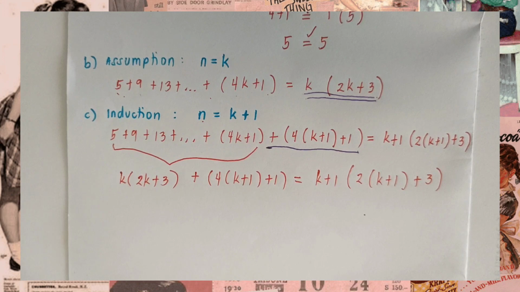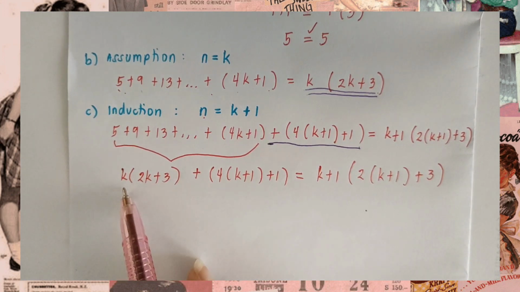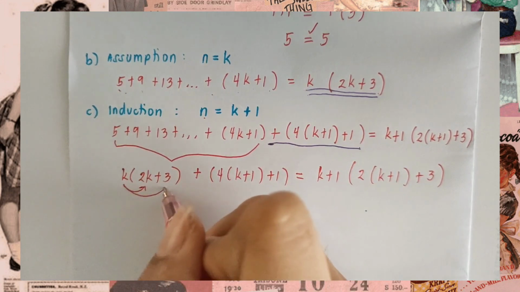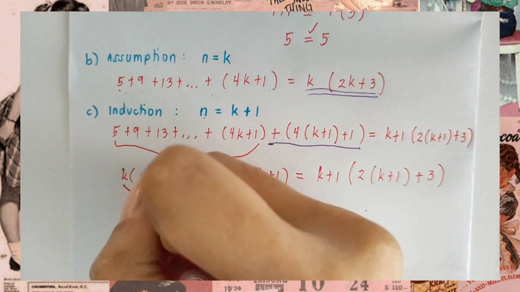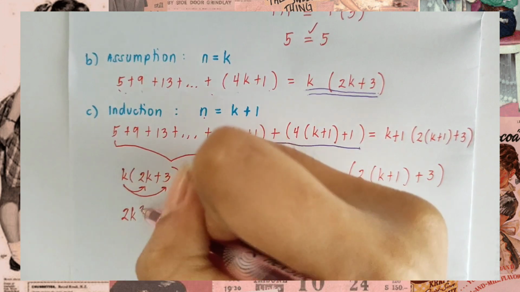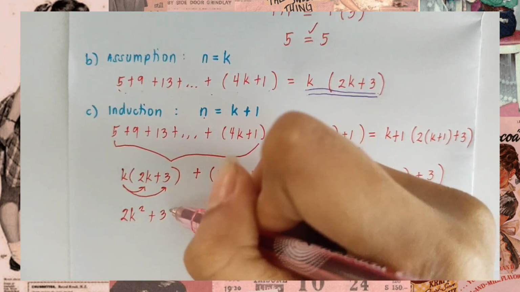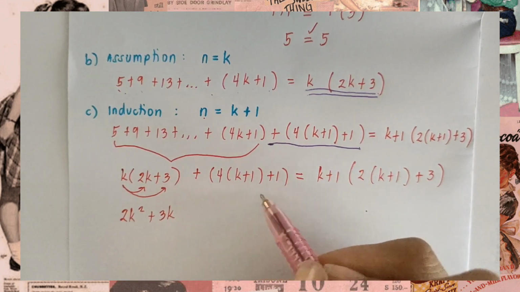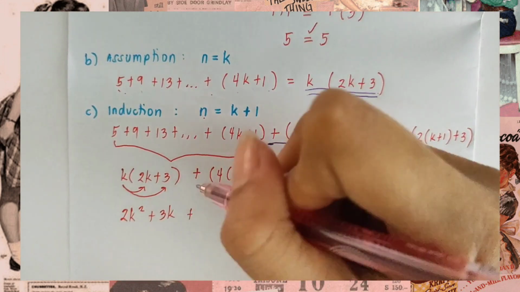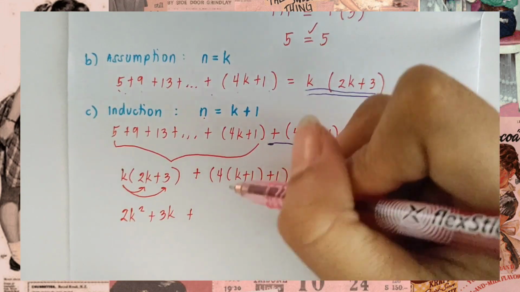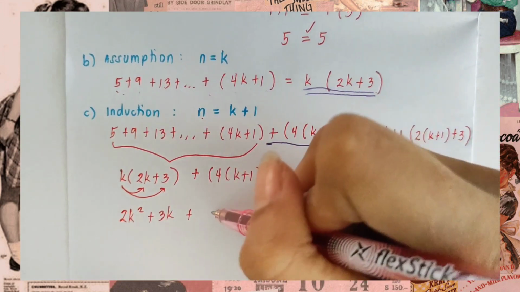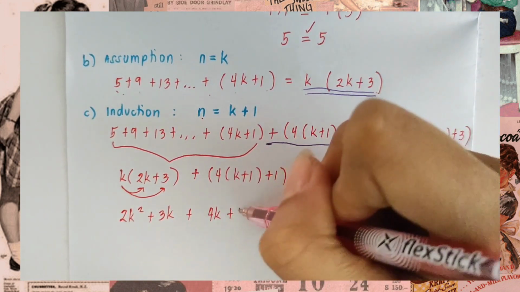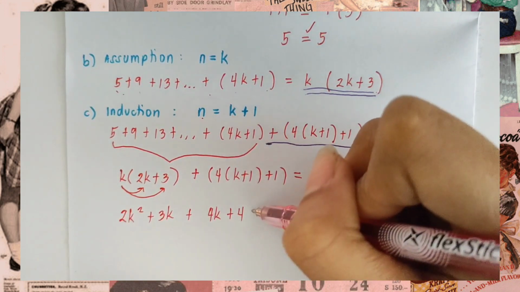Next, let us simplify. We need to distribute k with 2k and then with 3. So it will become 2k squared plus 3k. Then this part, simplify. So plus 4 times k, that is 4k, 4 times 1 is 4, plus 1.